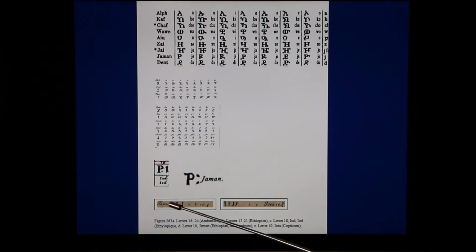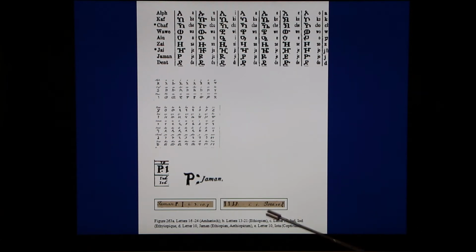So you notice that this P is Yud, which, so 18 becomes letter 10. I told you there was an old model and a new model. In the old model, it's letter 18. In the new model, it becomes letter 10.